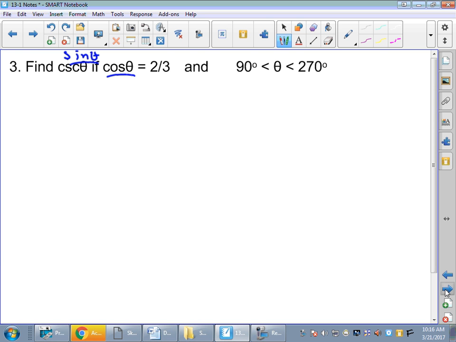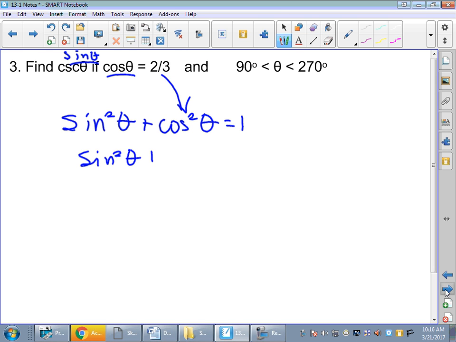The first thing I'm going to find is sine, using sine squared theta plus cosine squared theta equals 1. I'm going to replace cosine with 2/3. Sine squared theta plus 2/3 squared equals 1. I'm going to square 2/3.